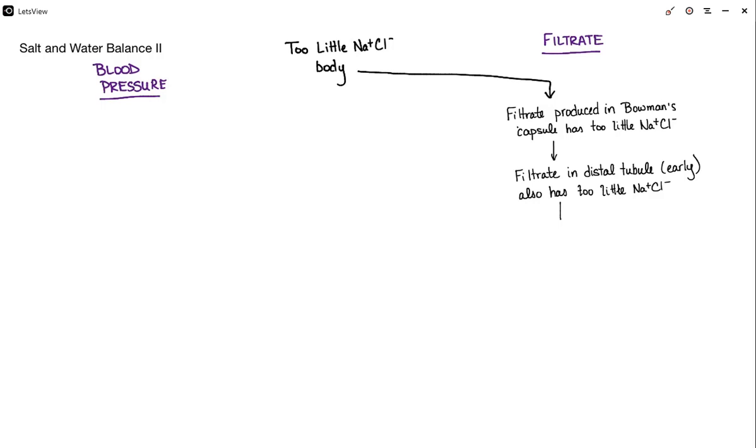So what happens is cells in the juxtaglomerular apparatus sense that there is too little sodium and chloride. And these cells, they're the macula densa cells, but you don't need to know that, are going to talk to the granular cells, which you absolutely need to know, and tell those granular cells to secrete renin.